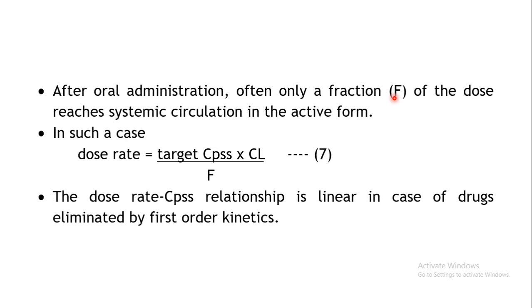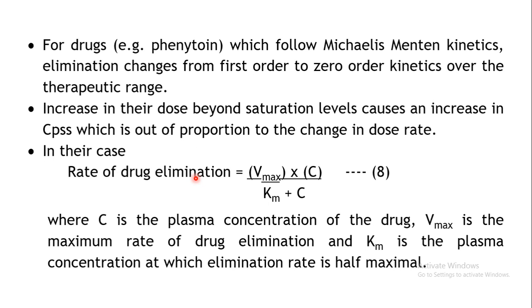Bioavailability should be taken into consideration. So in that case you need to divide the target CPSS multiplied by CL by F, because the entire amount will not be in your systemic circulation. So that's how you can find out the dose rate for an orally administered drug.